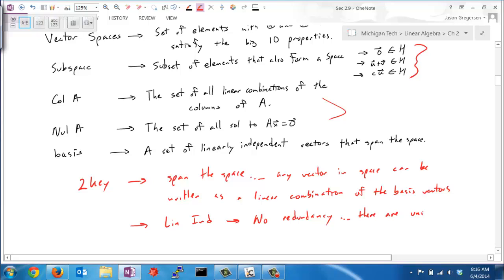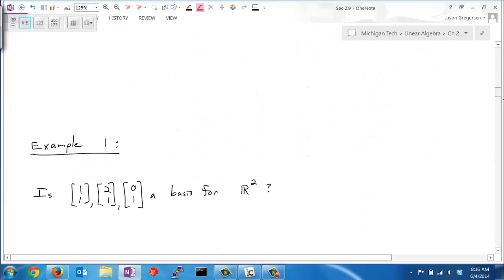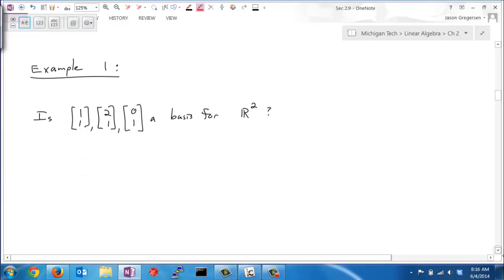There are unique directions to our other vectors. There's a unique linear combination that gets us to a vector. So if we're given a set of vectors, we should be able to determine whether they're a basis or not. We have to see, are they linearly independent? And do they span the space?